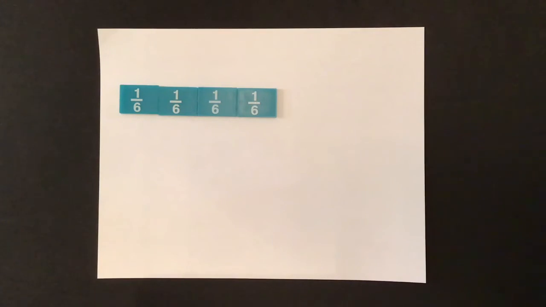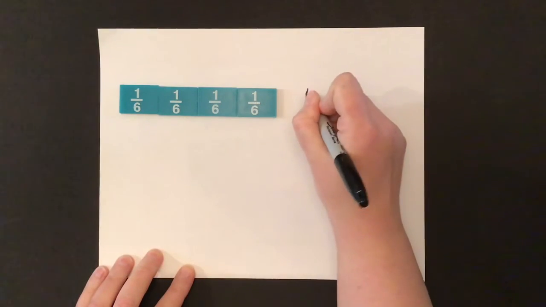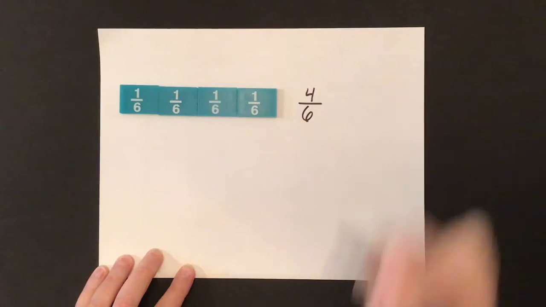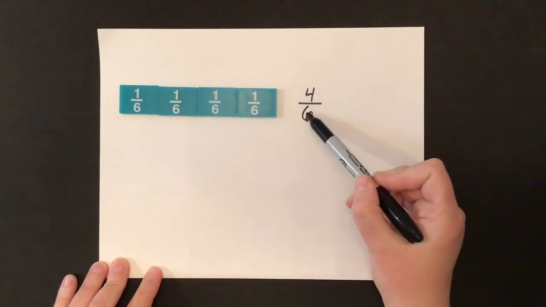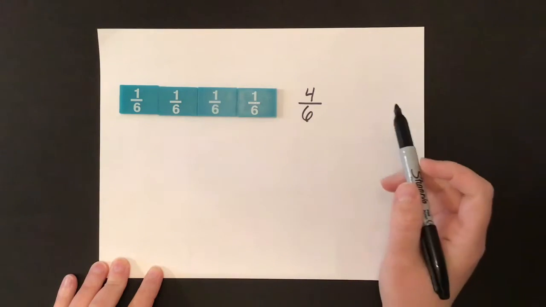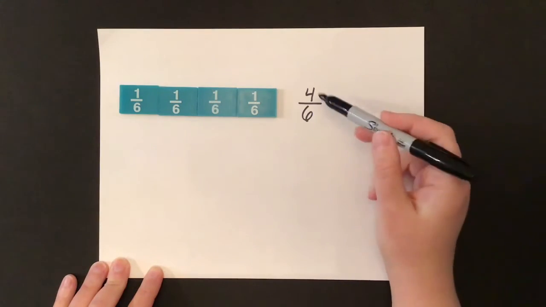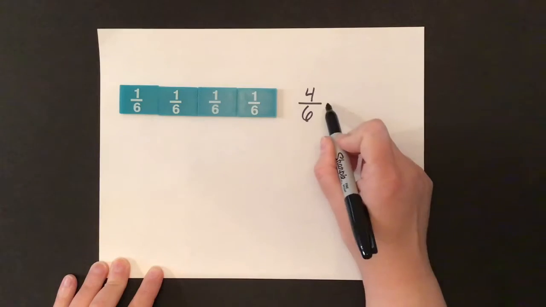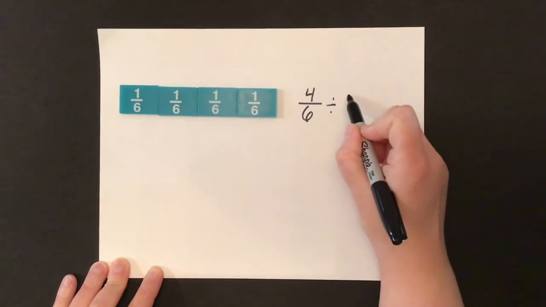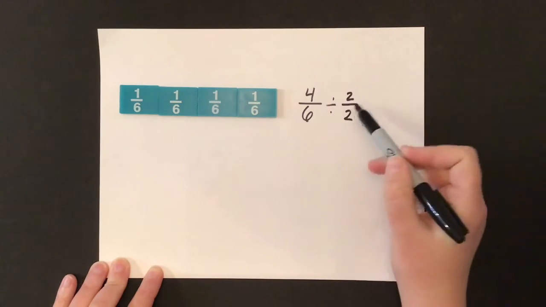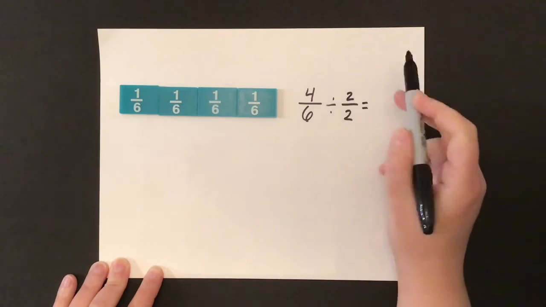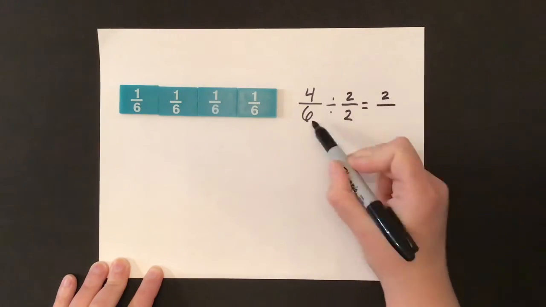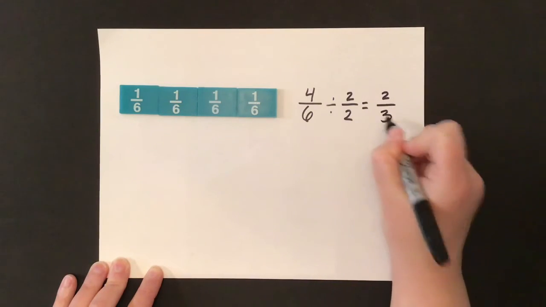Let's use division to make a fraction that's equivalent to 4/6. I notice that 4 and 6 are both even numbers. So that means I could divide both the top and the bottom by 2. So I'll choose 2/2 as my fraction. 4 divided by 2 equals 2, and 6 divided by 2 equals 3.